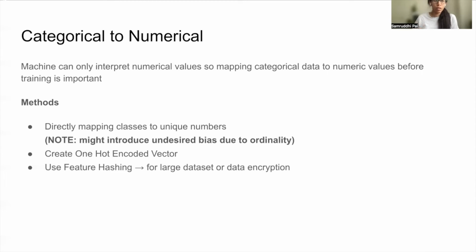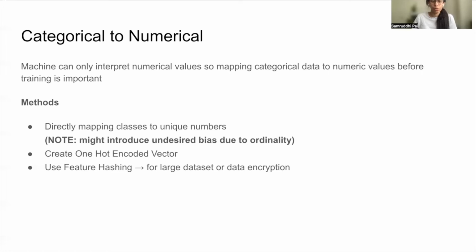So, for example, you do not have any relation between seasons, but when you convert it and map it to 0, 1, and 2, the model might learn that there is some ordinality, like 0 is greater than 1 or 1 is equidistant from 0 and 2. Such ordinality can be learned by the model, which is not really true for real world data.